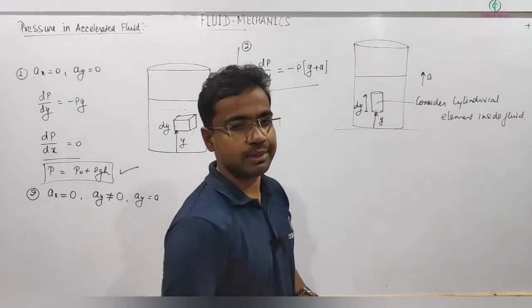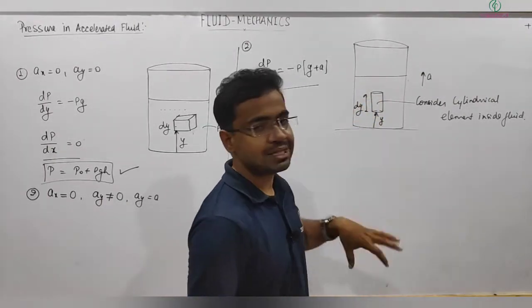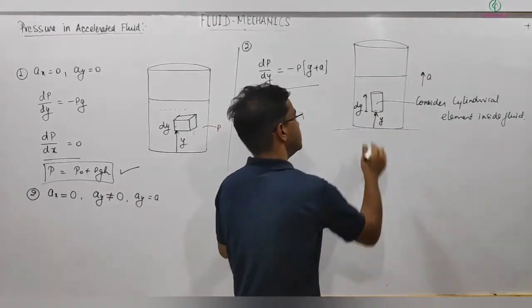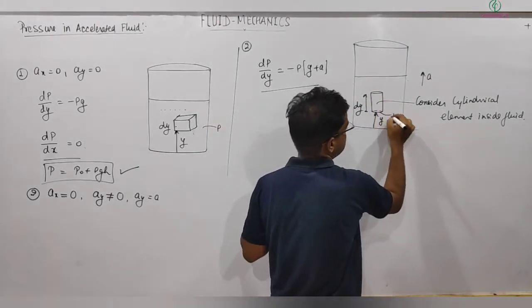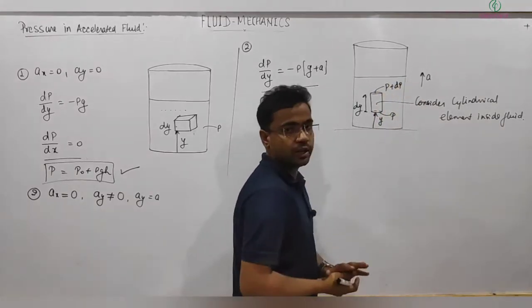Actually this element will be very small, but just to show you so that you can see it clearly, I have drawn it a little bit larger. So here I am saying let the pressure be p, and at this point the pressure is p plus dp, right?